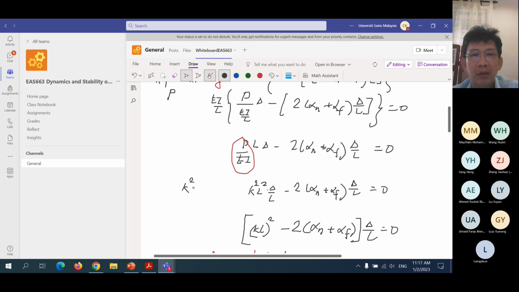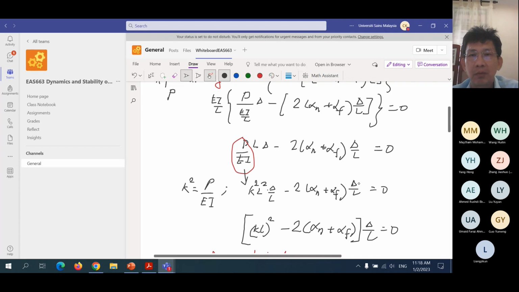K square is P over EI. So we take note of this. K square is P over EI. So P over EI is substituted as K square from here.